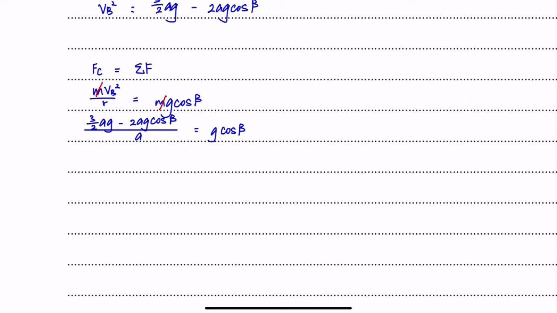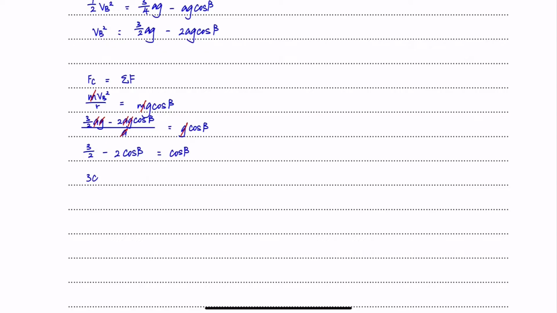Alright, now we can cancel off the a and g. So now we have 3 over 2 minus 2 cos beta equal to cos beta. So 3 cos beta equals 3 over 2, and cos beta is just 1 over 2. And that's it.